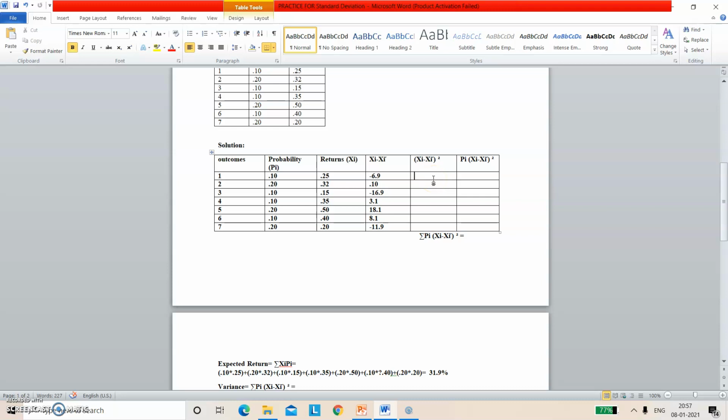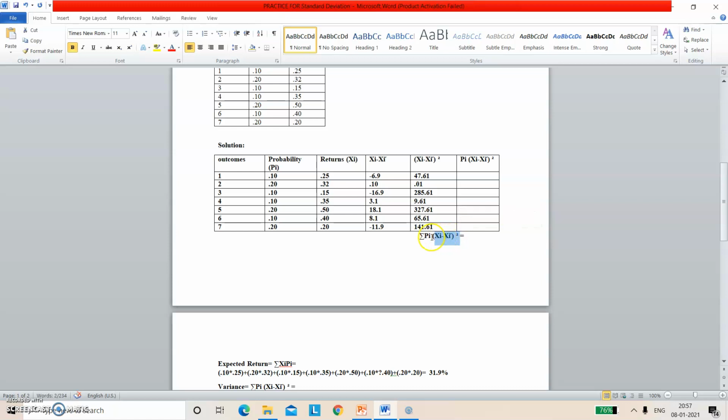So 6.9, minus into minus will be plus, so 6.9 times 6.9 gives 47.61. Then 0.01, then 285.61, next is 9.61, next is 327.61, after that 65.61, and the last would be 141.61. Now we are done with this part.